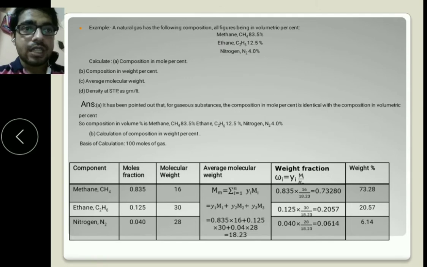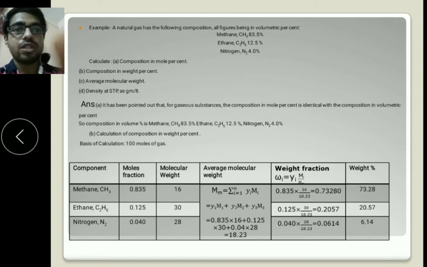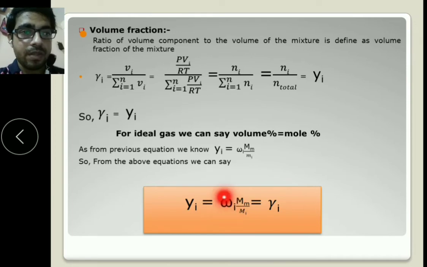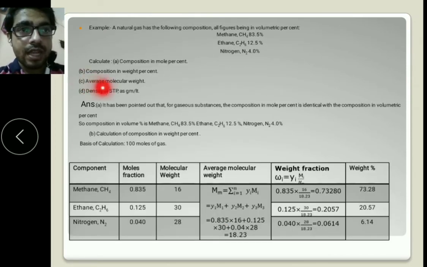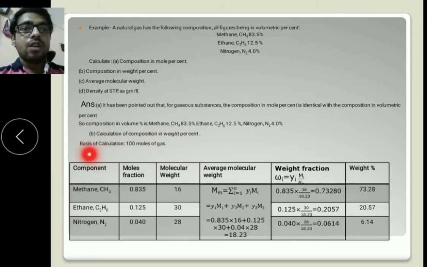Next, composition in weight percent. For composition in weight percent we have this formula. For that we have to calculate the average molecular weight, which is the answer of question C. For the calculation of weight percent, we have taken a basis of 100 moles of gas.